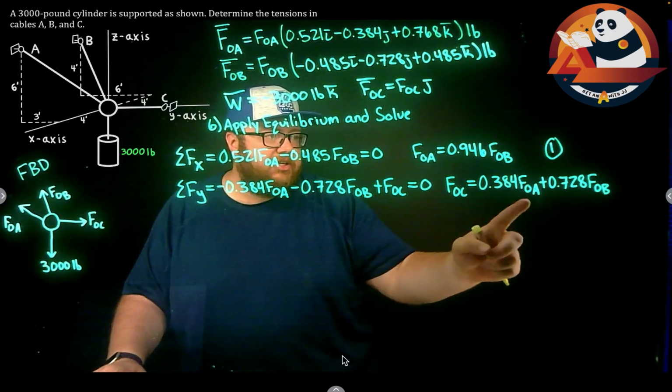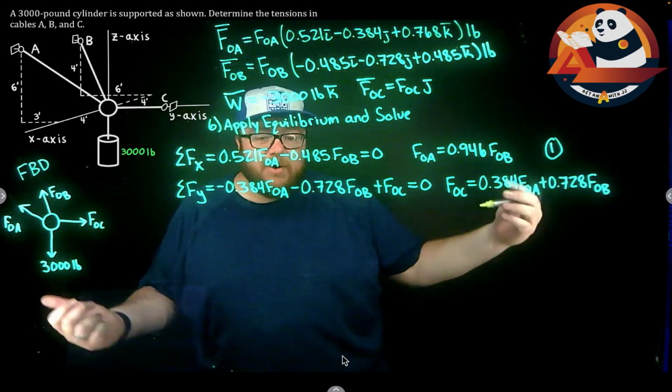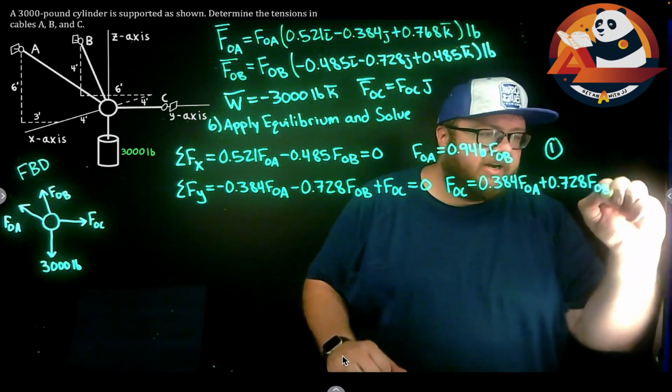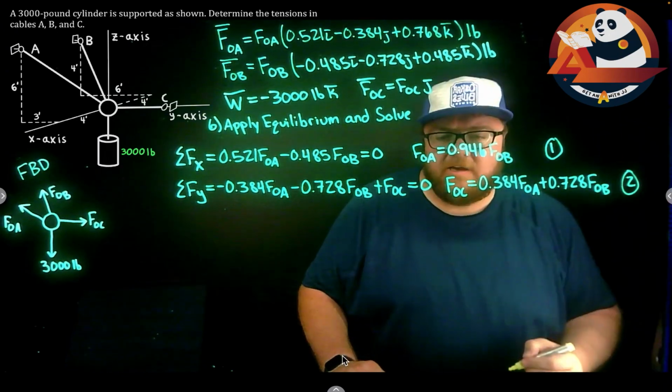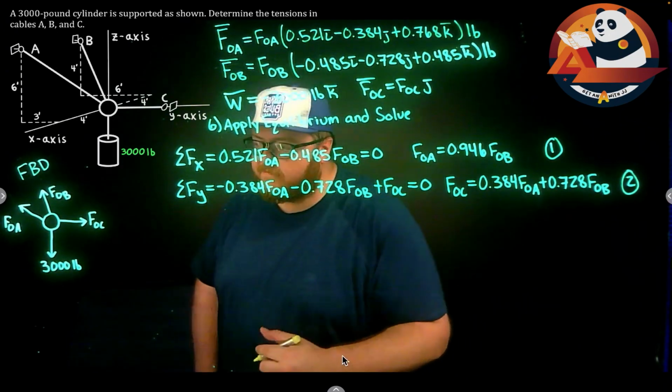I have 3 unknowns in here. This is 2 equations I've set up, but I can't do 3 unknowns with 2 equations. Let's just call that equation 2. We'll have to make one more equation.